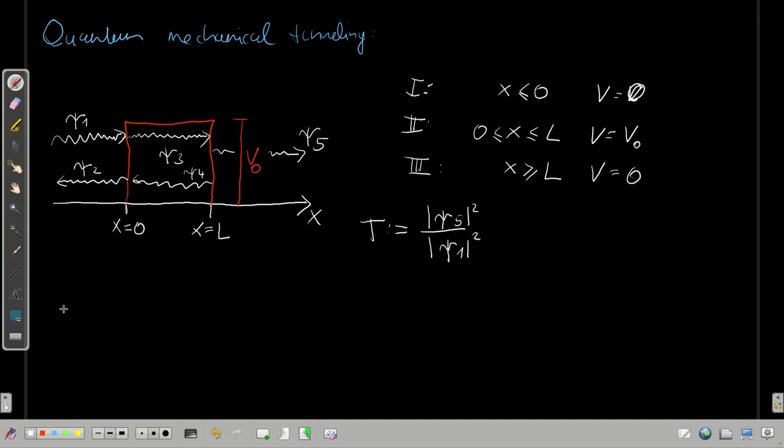So as usual in quantum mechanics, for getting the value of T, we first have to write down the Schrödinger equation. So it's minus h bar squared over 2m, then psi double prime, it's a function of x, plus potential V, which in our case is described by these three regions here above.